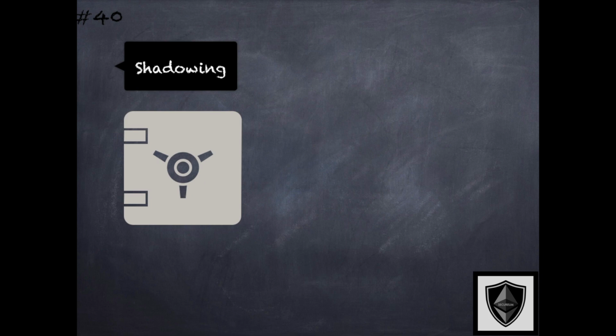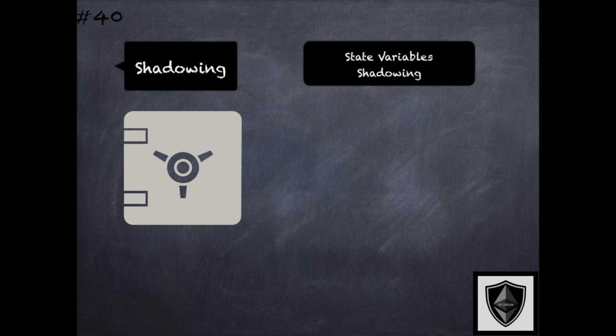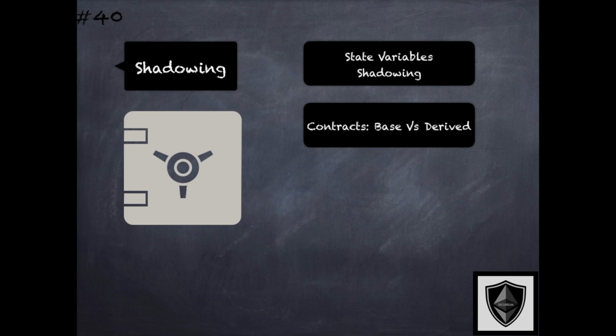Similar to the shadowing of built-in variables, the older versions of Solidity also allowed state variable shadowing. This meant that derived contracts could have state variables that had the same name as some of their base contracts.